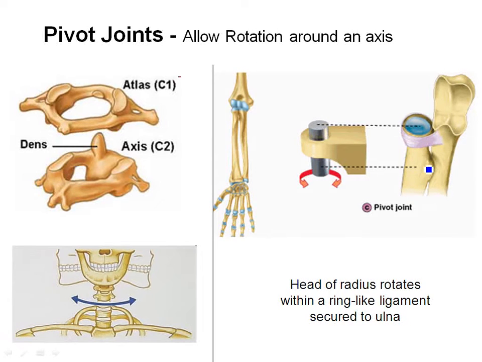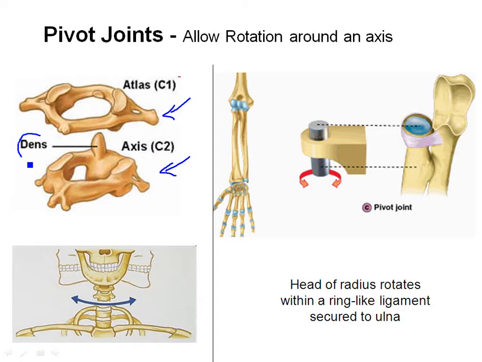All right, now our next type of synovial joint is the pivot joint. And this type of joint works around an axis. One bone is rotating around another bone. So, if you've been studying your bones in the vertebrae, you know that atlas and the axis are very unique vertebrae. And they are set up to allow our skull to do certain movements.